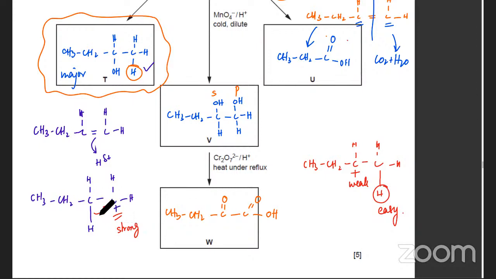It would be a lot more difficult if the H was bonded to this carbon atom, because the positive charge formed over here would be very strong, and it will not allow the H to take away electrons in the first place. You don't have to go into a lot of detail about this.